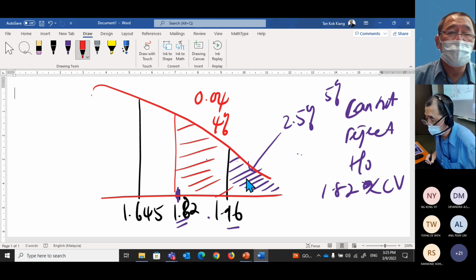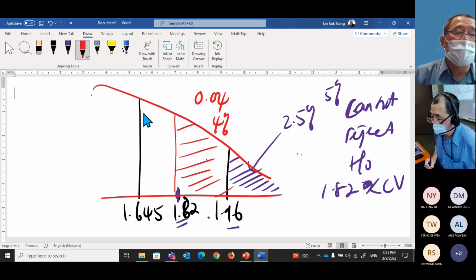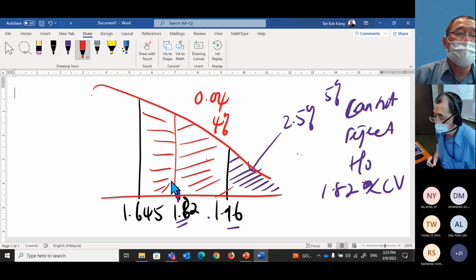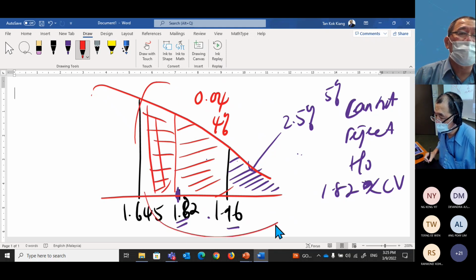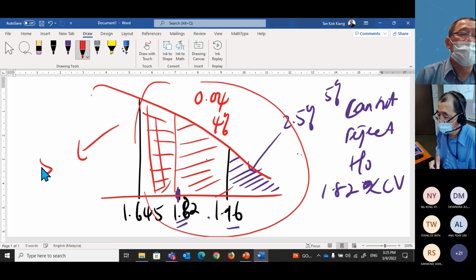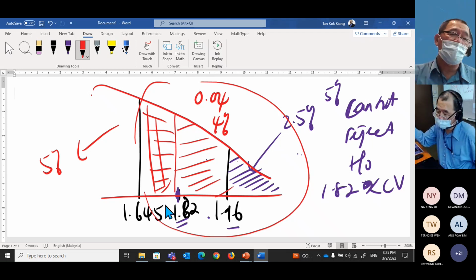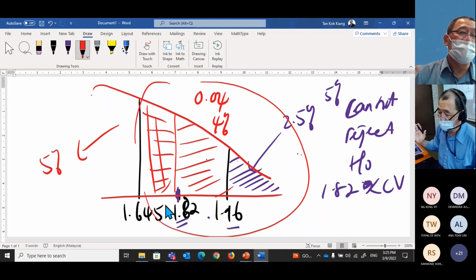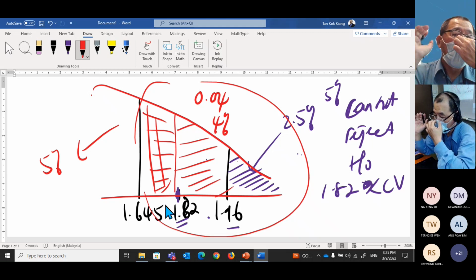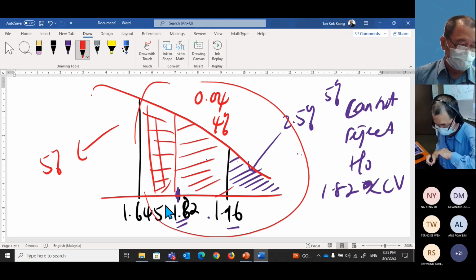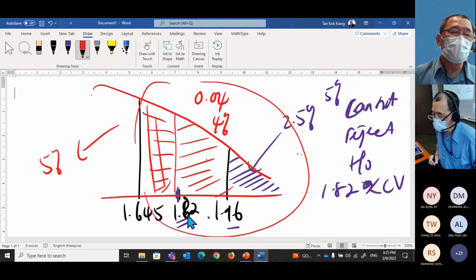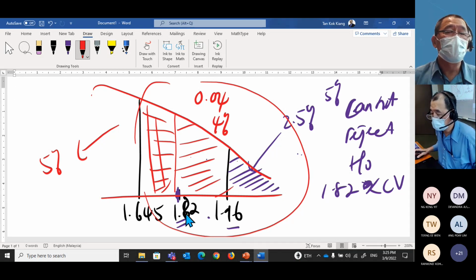Because this purple color is 2.5%. Can you see? This whole area is 5%, from 1.645 until positive infinity. So for 1.82, the area must be in between 5% and 2.5%.